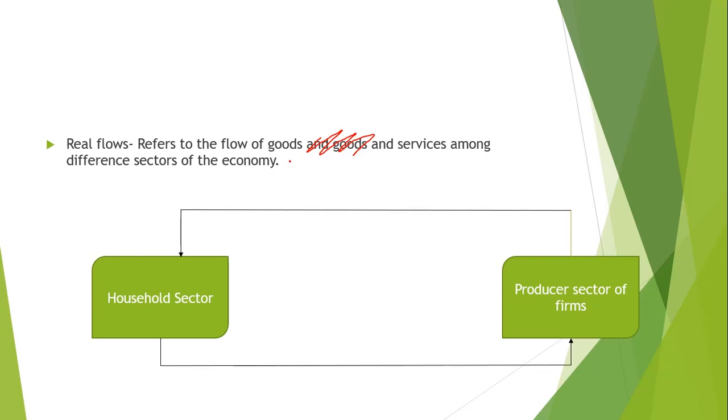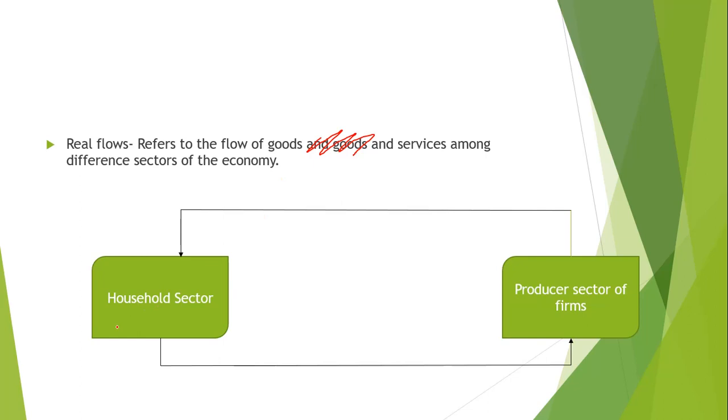We render our services to the producer sector, and then we buy goods from the producer sector. The government also buys goods from the producer sector. This happens. There is an intersectoral flow, that means the flow of goods and services between the different sectors of this economy.